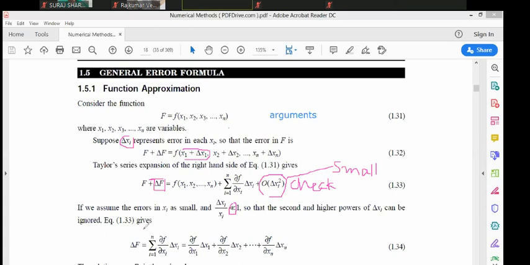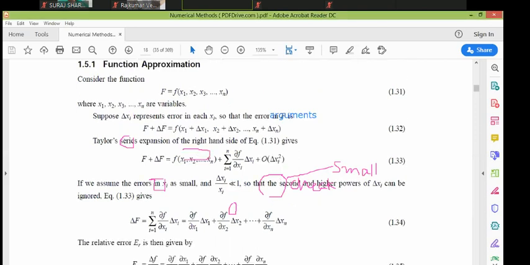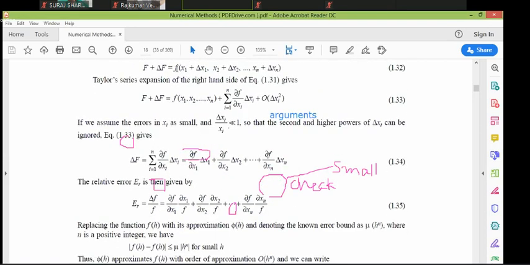Then delta f is equal to del f upon del x1 delta x1, and so forth, up to del f upon del xn delta xn. So error means this is a function. We are talking about delta f upon small f. This is correct, but you can write delta f in this way.